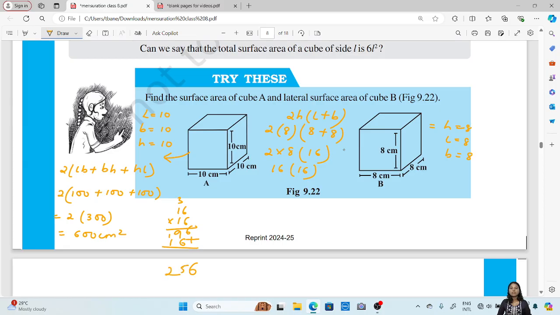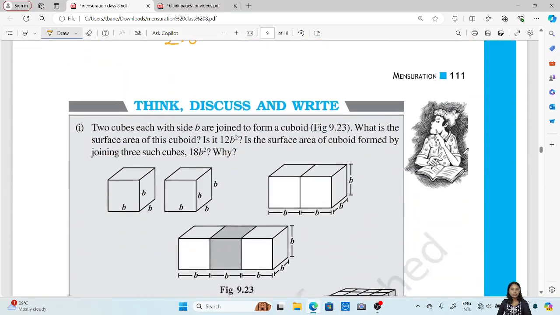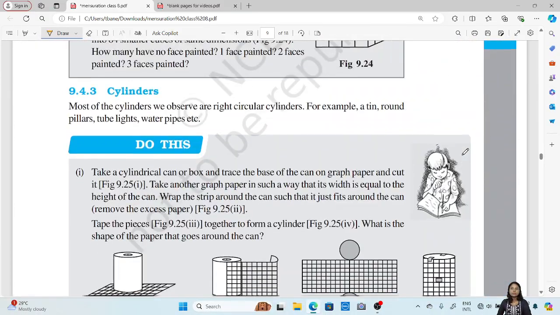We get 256. So the lateral surface area of cube B is 256. That is how we can find the surface area and lateral surface area of a cube.